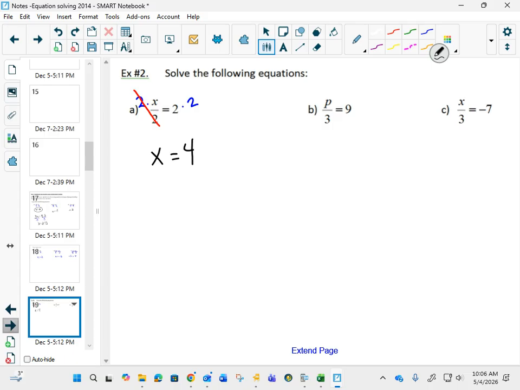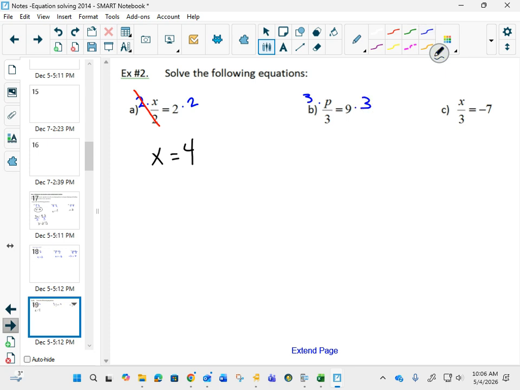Something divided by 3 is 9. So if you know your times table really well, you might be able to figure that out. Three divided by 3 is not 9. Oh, something divided by 3 is 9. 27. Now, if you don't see it, what's the opposite of dividing by 3? Multiply by 3. So I'm going to multiply this side by 3, multiply this side by 3.